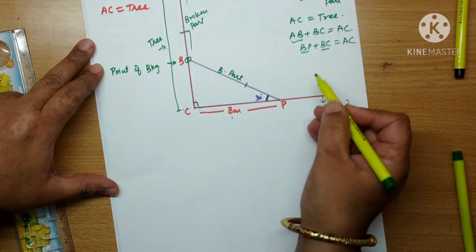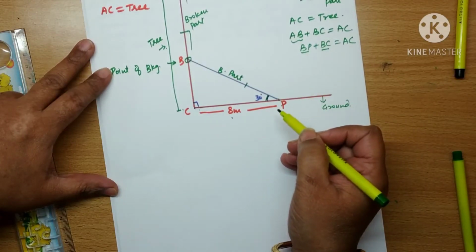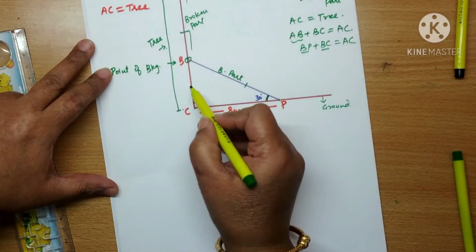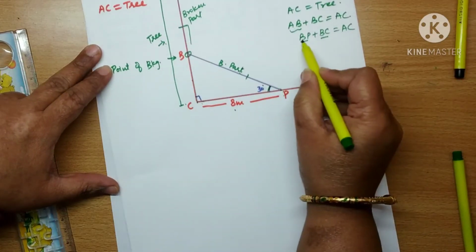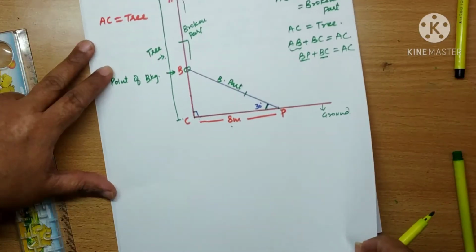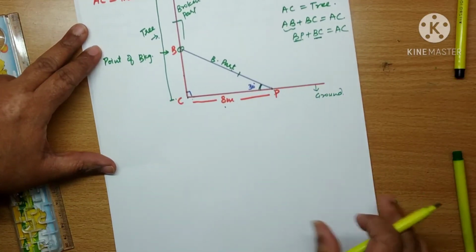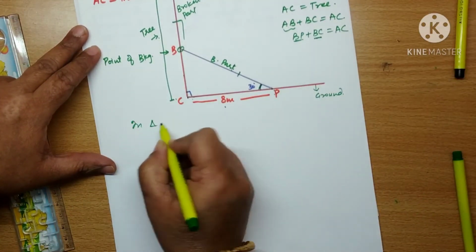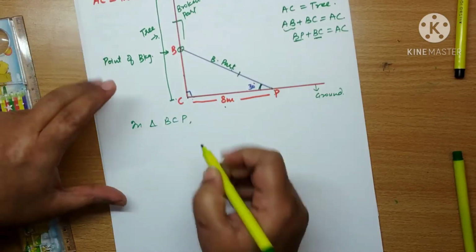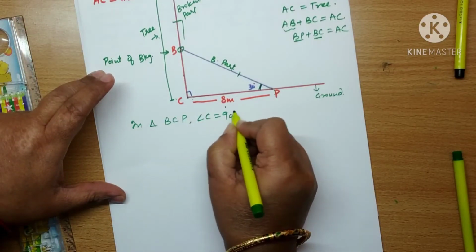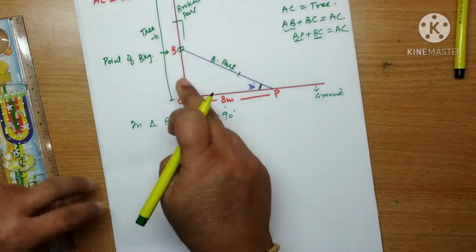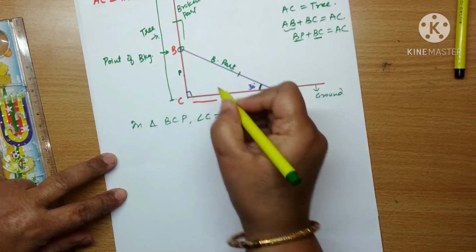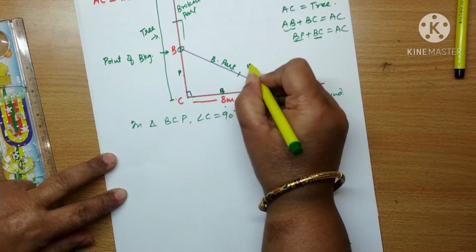So in order to find the height of the tree, what do I need? I need BC and I need BP. Now let's see how can we find out. In triangle BCP, angle C is 90. In order to find out BC, I know this is perpendicular, this is base, this is hypotenuse.